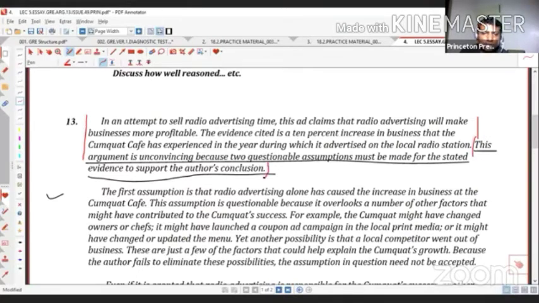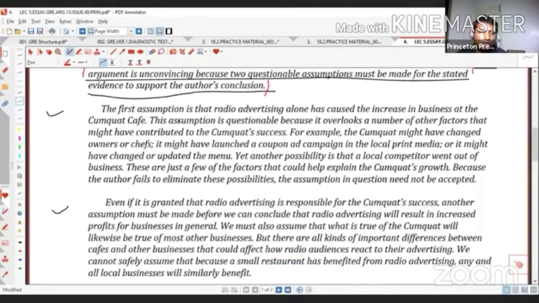This is what you're trying to prove. This argument is unconvincing because of two questionable assumptions. What they're thinking is right, but in fact, those are not right. Those are assumptions that must be made. What fallacious assumption must be made for the stated evidence to support the author's conclusion? Okay, what about the first one?